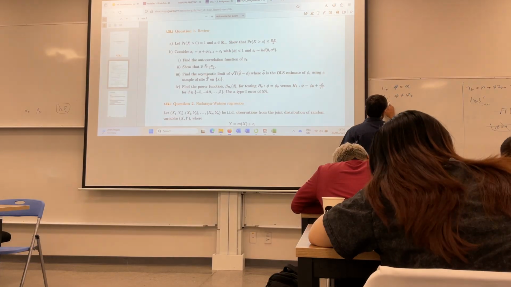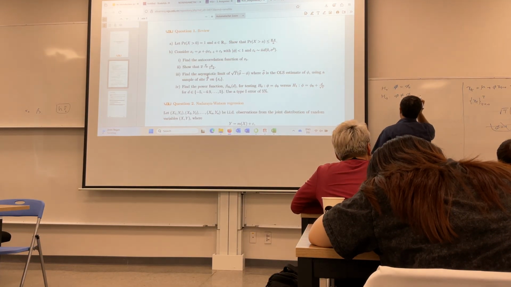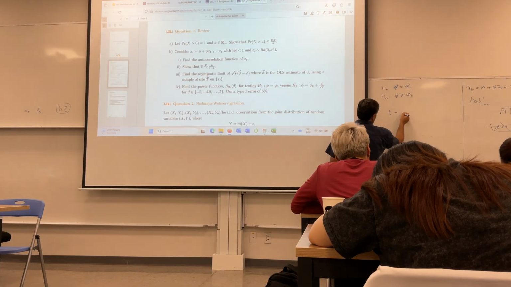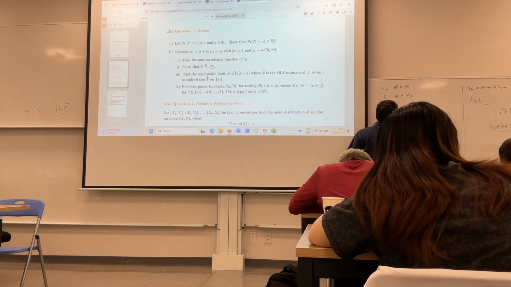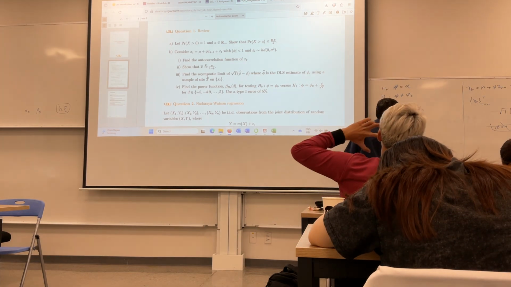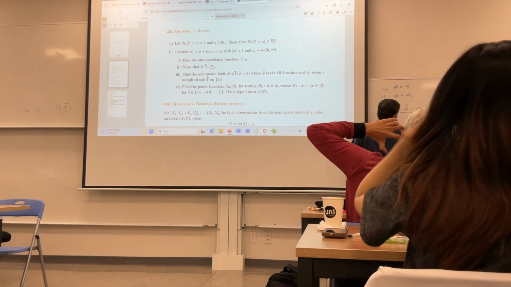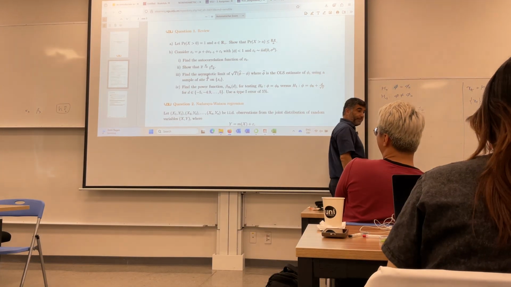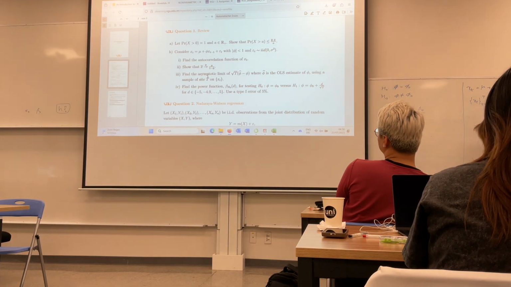Now, when you want to do that, what is the process? You write the t-ratio. You estimate phi hat, you subtract phi 0, and then you divide by the standard deviation of phi hat.